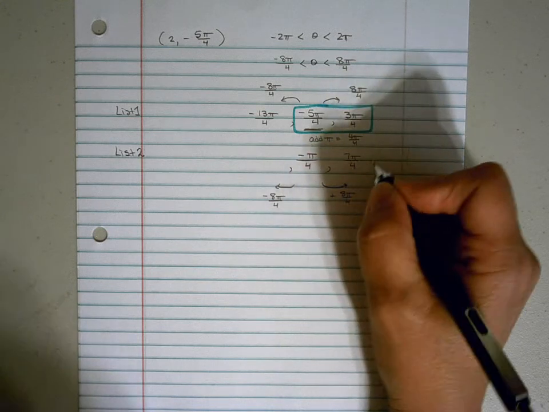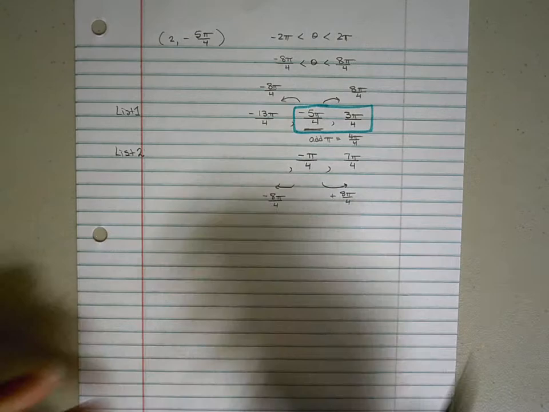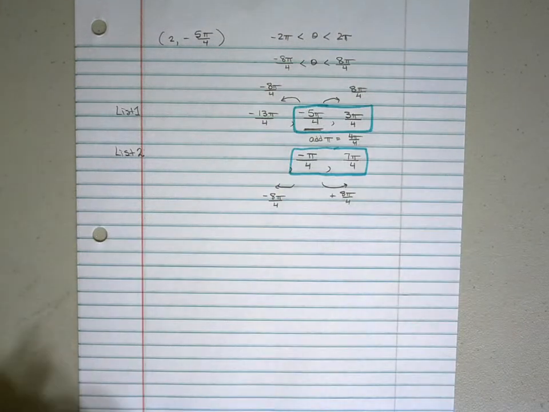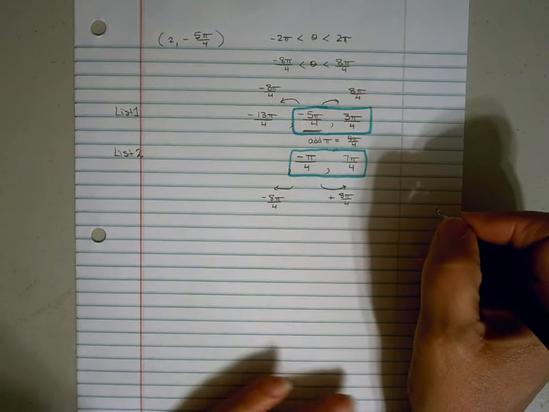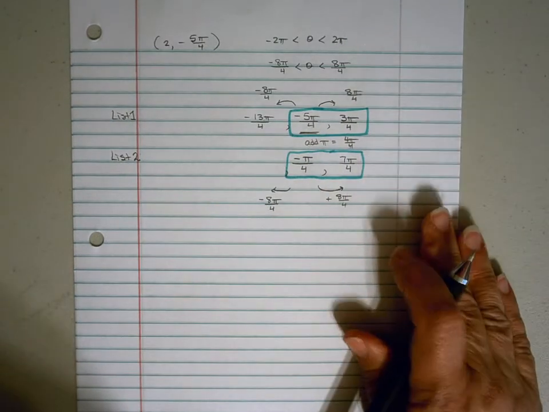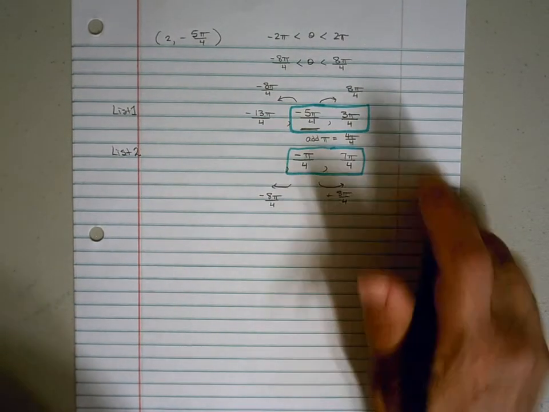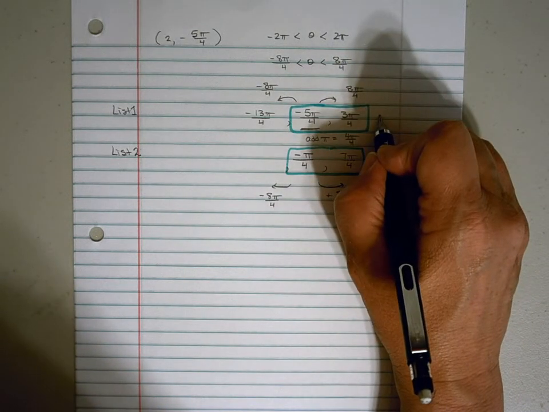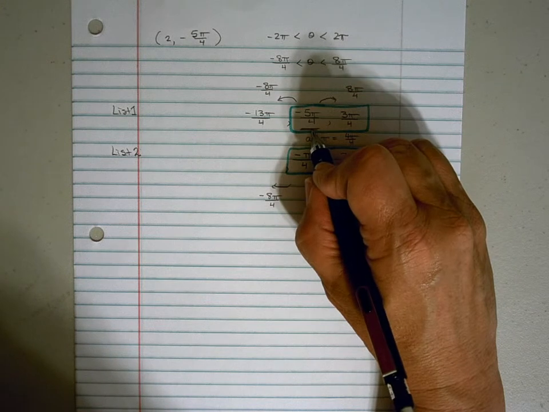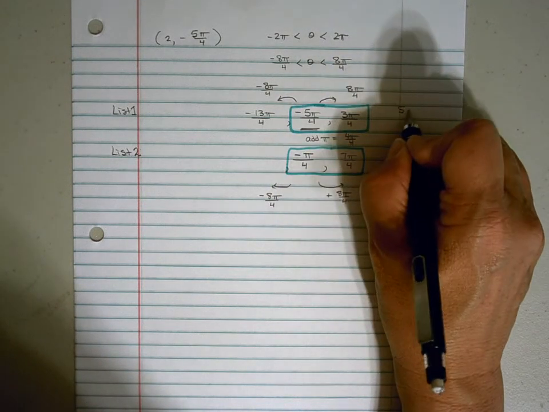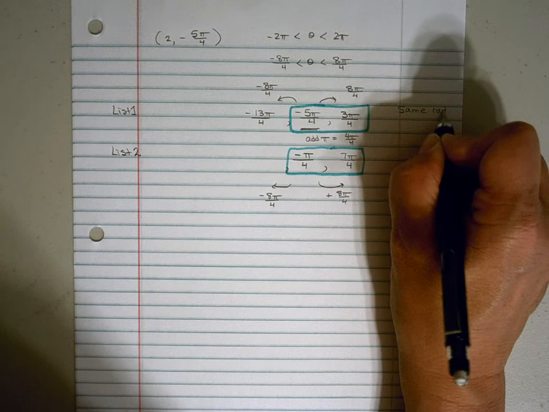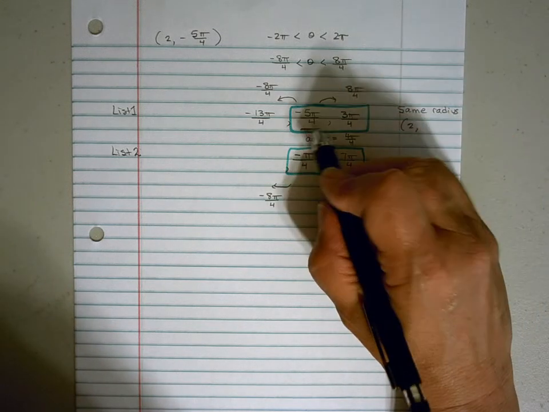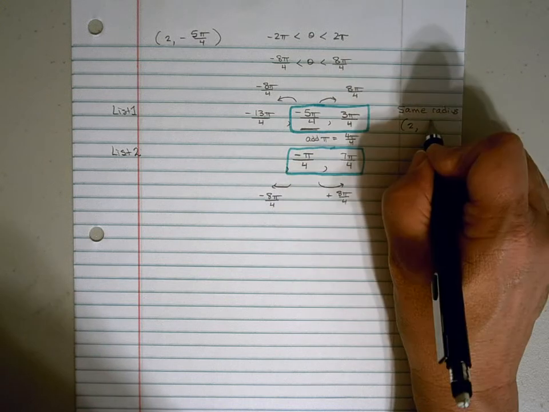So if you start to get the pattern of how this is working, you might be able to just come up right away with your initial 4 angles. So all 4 of those angles would be ways to represent the same coordinate. If I go back to my original list, that has my original angle. So again, I'm going to use the same radius. And that radius was 2. I've already used that angle, so I'll use 3 pi over 4.